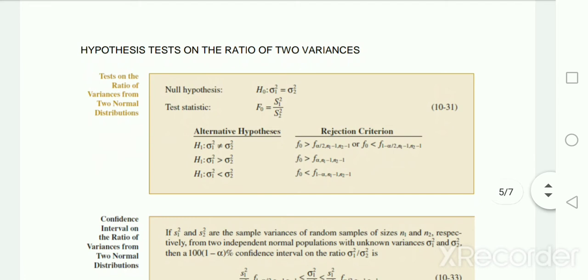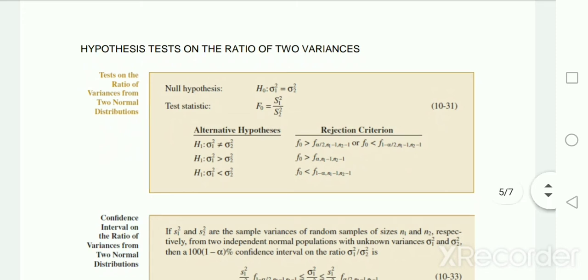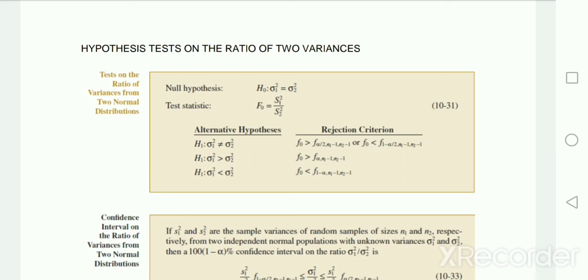In this case we test only the ratio between the two variances. How do we measure the ratio between two variances? They are equal means the ratio is 1. That is, sigma 1 squared divided by sigma 2 squared is 1, which is under the null hypothesis. They are not equal means that is under the alternative hypothesis.